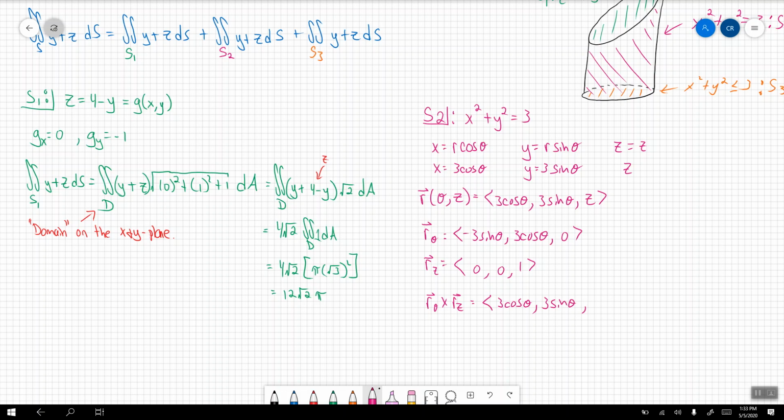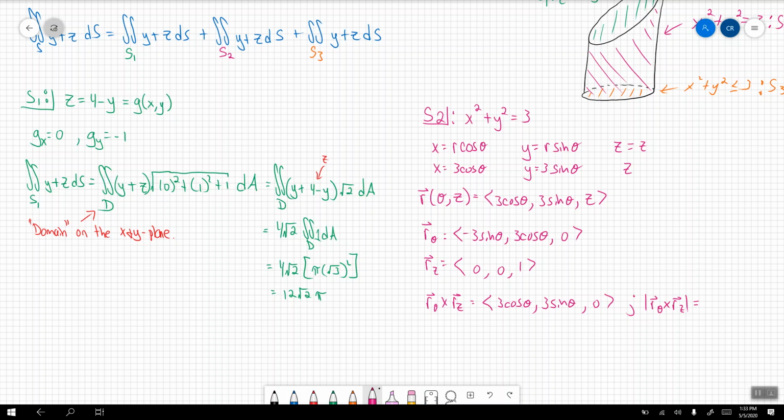And the last component, z component, should just be 0. Now, finding the magnitude here, I'm going to square each component, so that's going to be 3 squared times cosine squared plus 3 squared cosine squared.